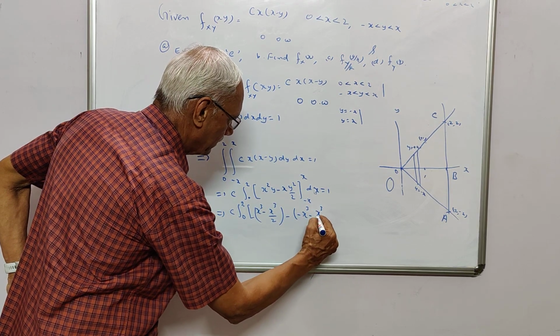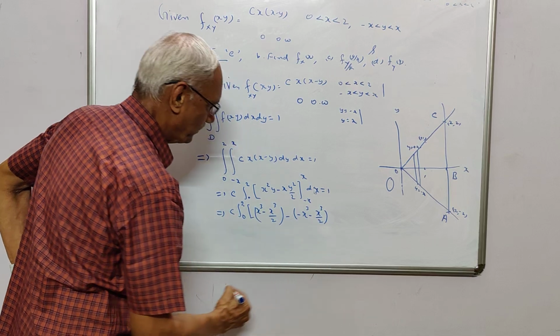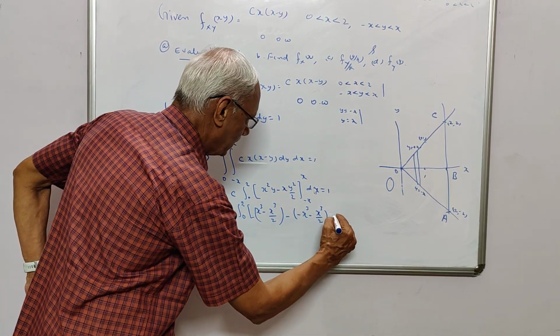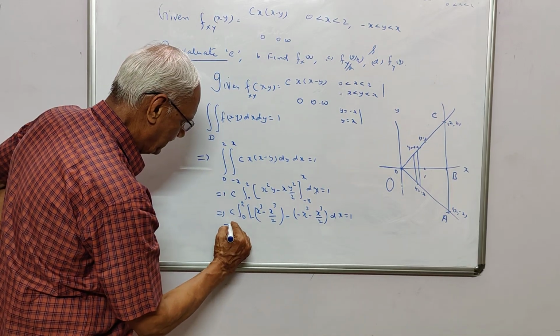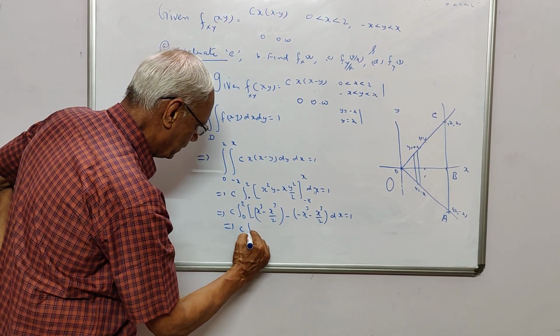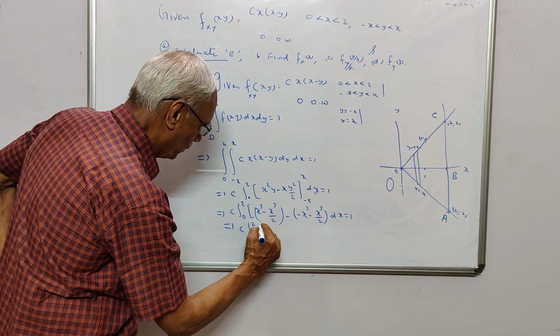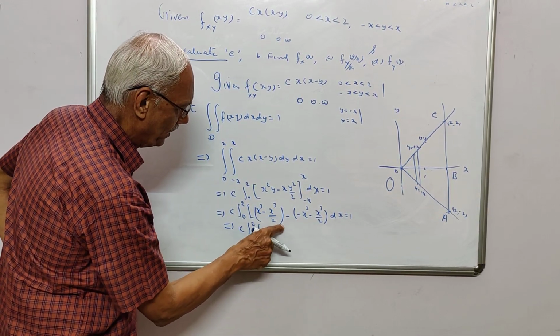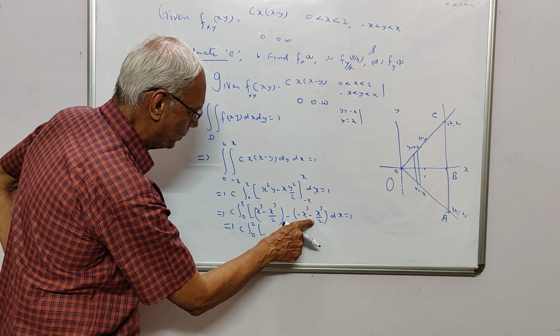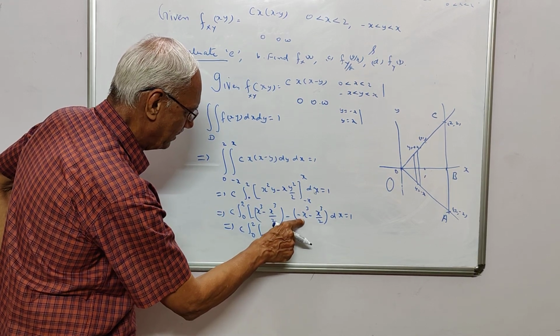dx is equal to 1. So this implies c into 0 to 2, now this is minus x cubed by 2, and this is plus x cubed by 2, and minus into minus will be plus.